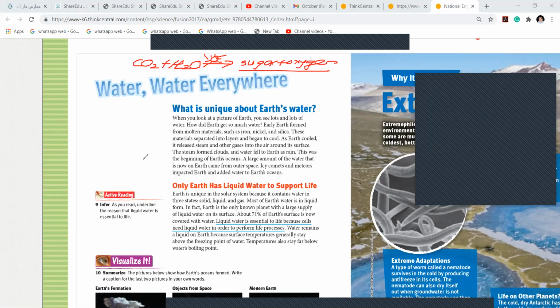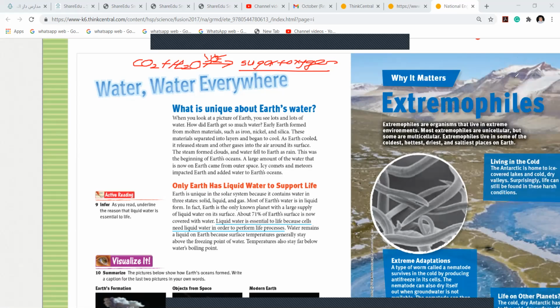Yes. So actually the Earth's crust and inside that inner core, iron, nickel, and silica are very common.